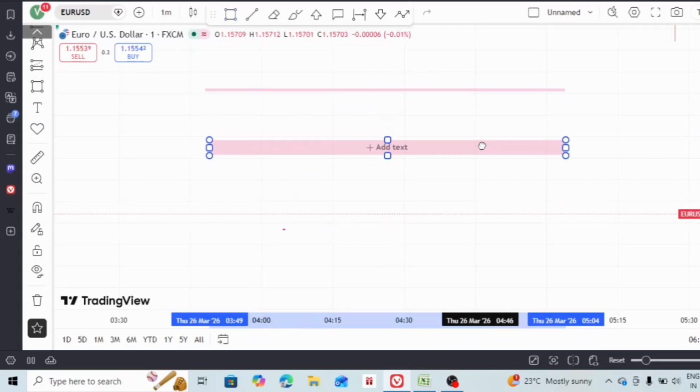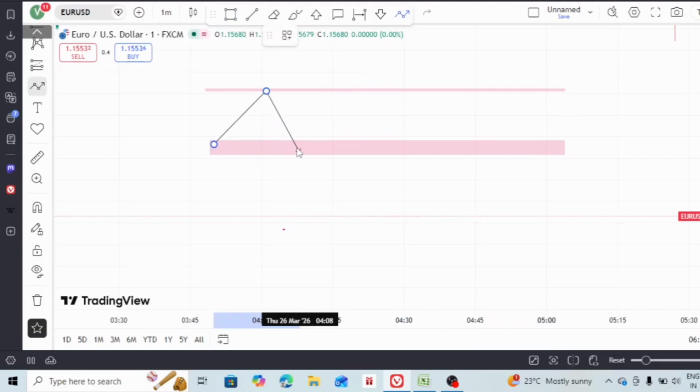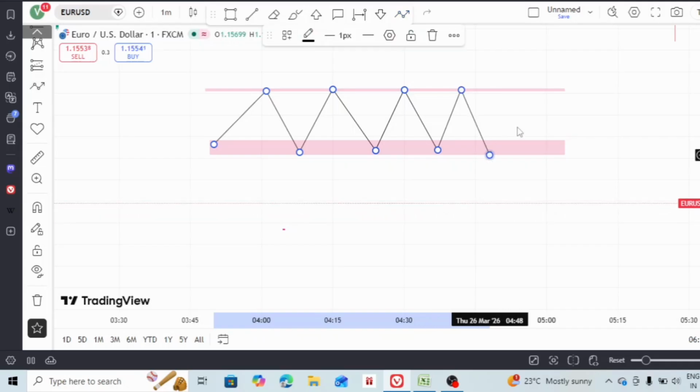The price is moving in this direction, moving here. It is just moving within this range without breaking it, without going up or going down. It's just moving in a range.